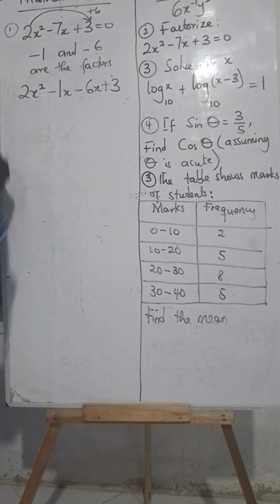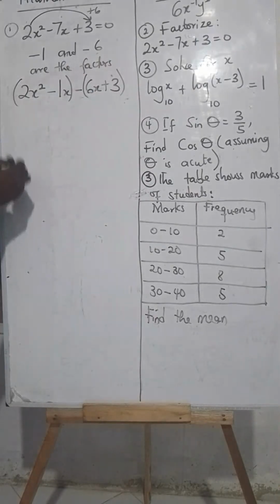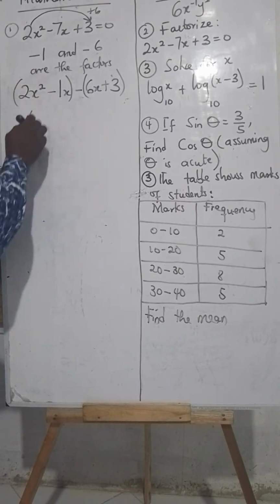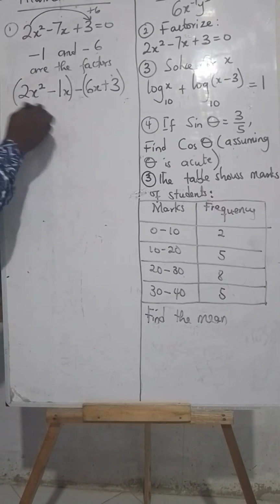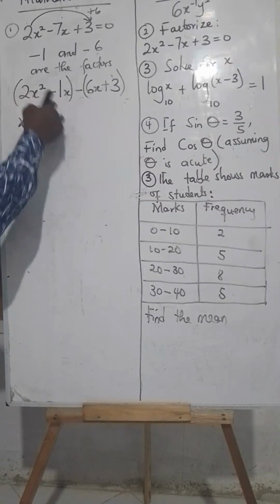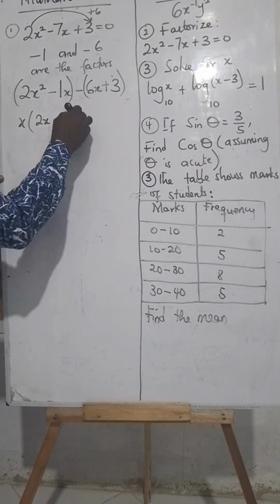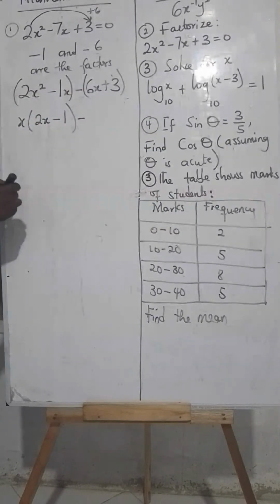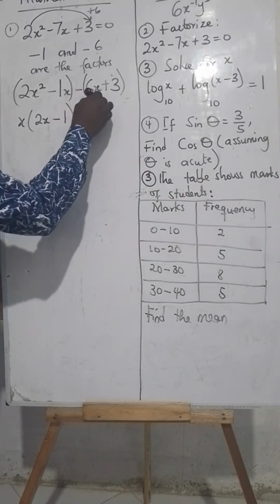So we can just group it like this, 2, 2. Look for the common term here, that is x. So x is out. You will be left with 2x, and you take x from here, 2x minus, if x is not there, you have 1, right? So minus, here what is common is obviously 3. 3 is a factor here, so 3 out.